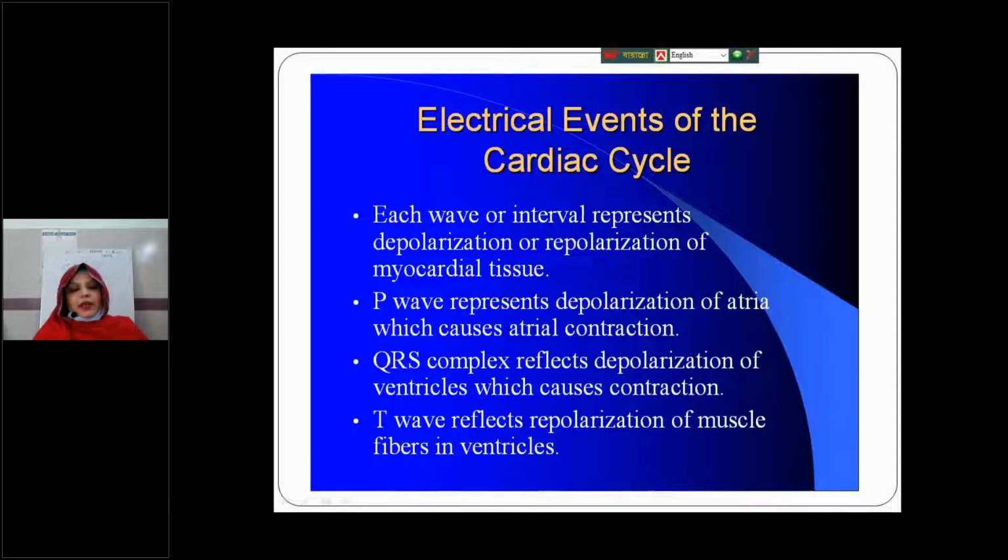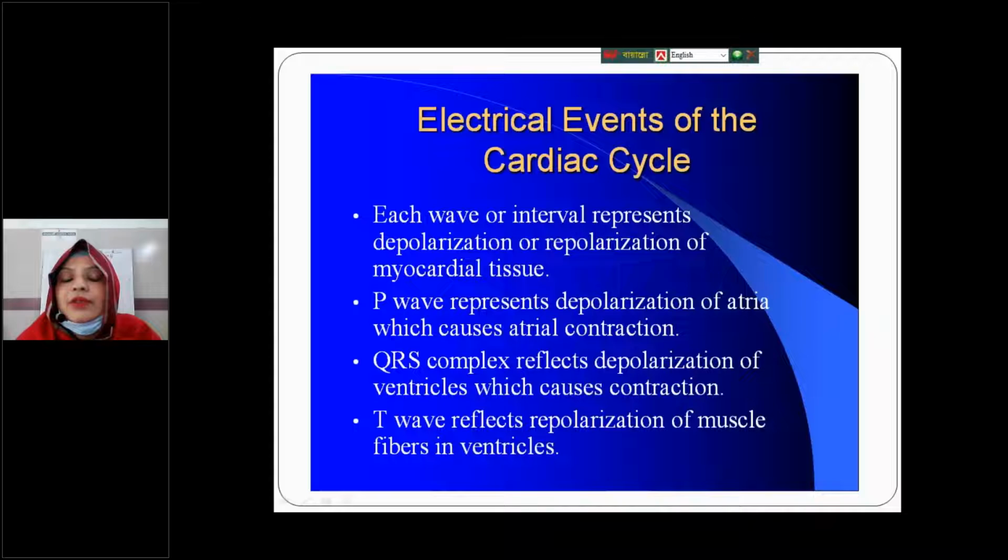Now, first event, I mentioned, the electrical event of the cardiac cycle. So what do you mean by electrical event? Already I mentioned that in the ECG, each wave or interval represents depolarization or repolarization of myocardial tissue.